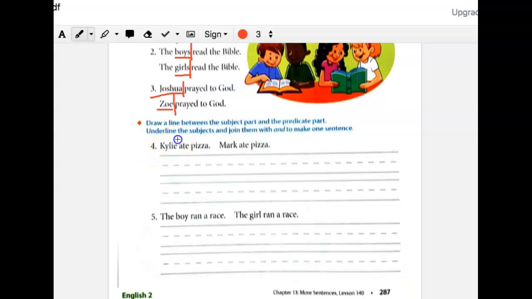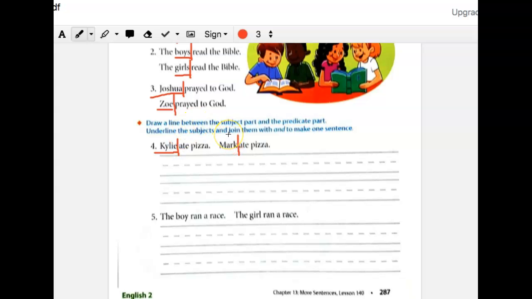We draw the line between Kylie and ate. What about this one? We draw the line between Mark and ate. Then what are the subjects in these two sentences? Well, this sentence is about Kylie, so the subject is Kylie.